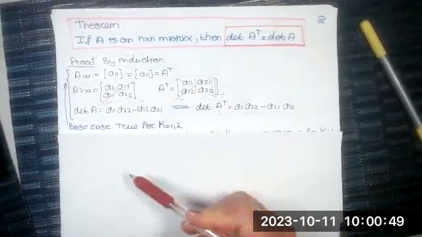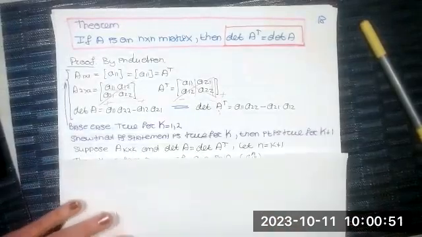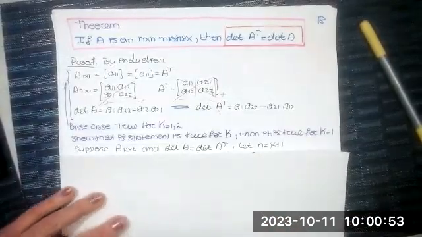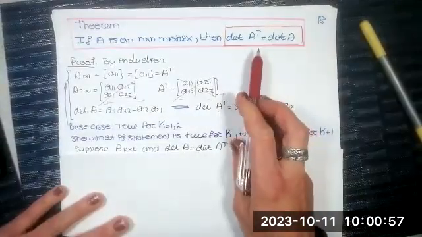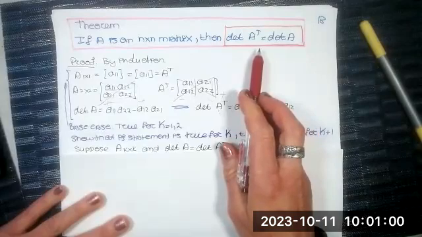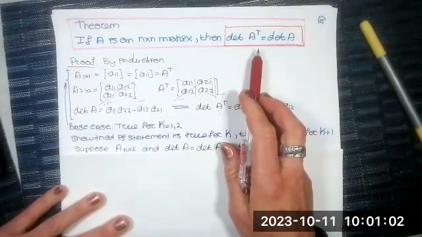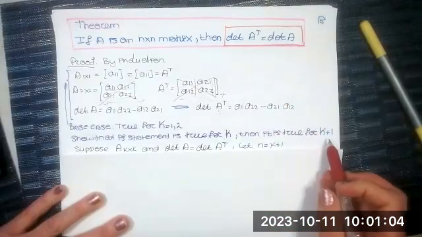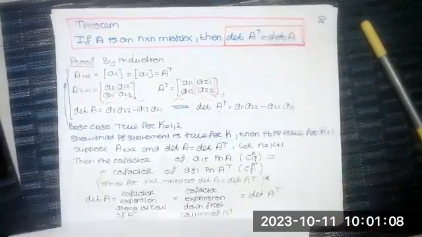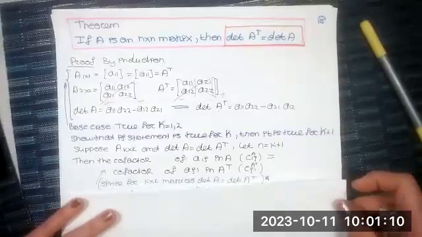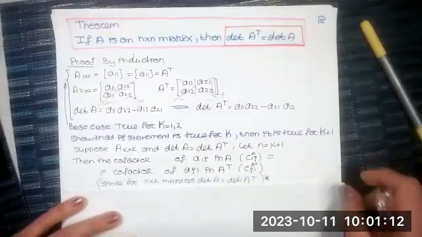Then we'll do the induction step, the second step. I'm going to assume that this statement is true for all k by k matrices, and this must imply that it's also true for k plus 1 by k plus 1 matrices. We'll run through it conceptually a little bit.